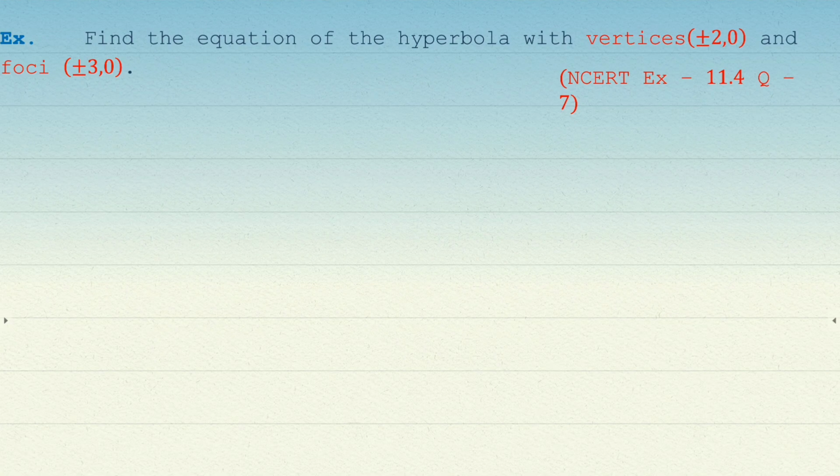So I have plus or minus 2 and plus or minus 3 on x, correct? Then the transverse axis is the x axis.